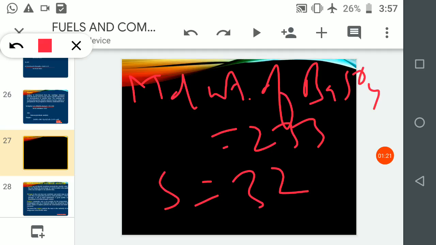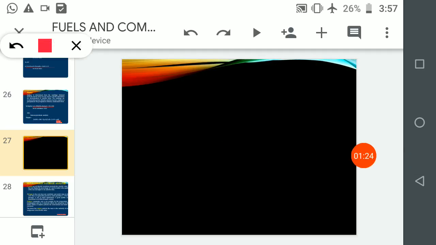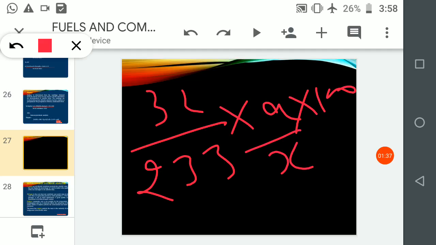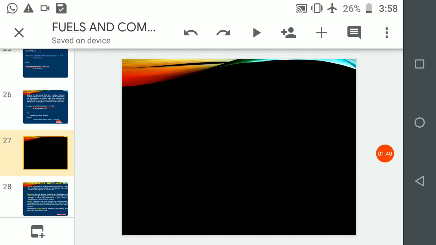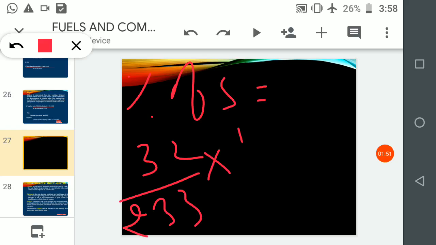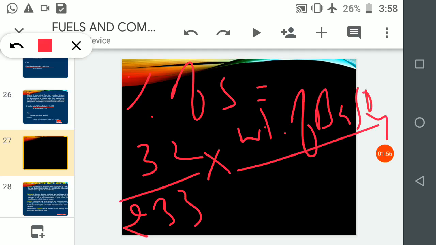It means 32 upon 233 into A. Now, if you want to find the percentage, it is multiplied by 100, then upon X. The final formula: percentage of sulfur is 32 upon 233 into weight of barium sulfate upon X gram into 100.